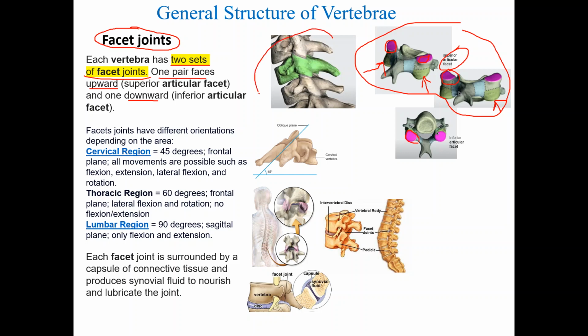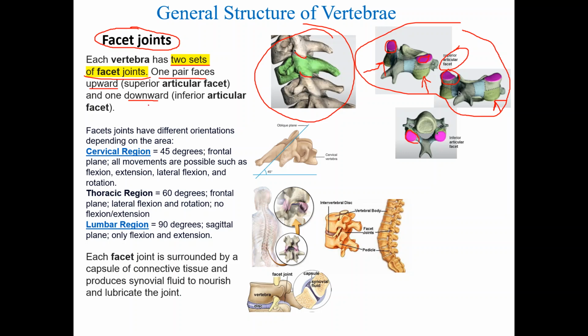In this diagram, these are interfacing points between vertebrae, and of course the superior facets of one vertebra are connected to the inferior facets of the vertebra above.